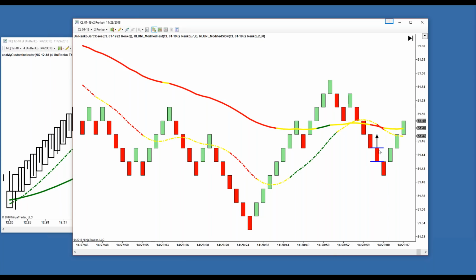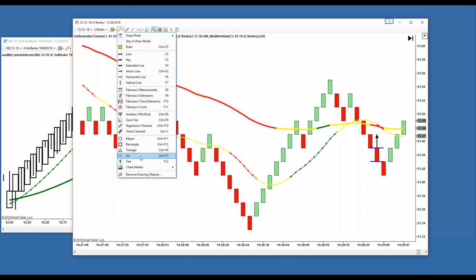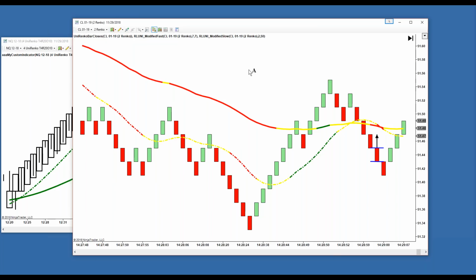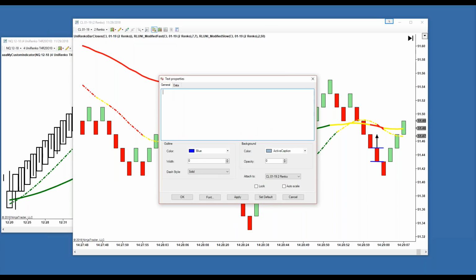Now, if you heard me talk before about Renko, you know that there are extremely expensive software packages out there that trade Renko and offer you an oscillator. But no oscillator works.